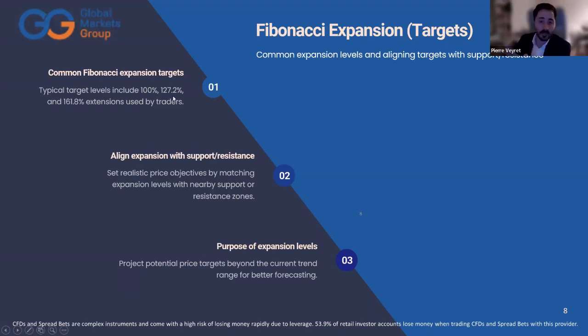Again, it can happen that a Fibonacci level doesn't mix with any already recognized support or resistance level. It doesn't mean that this area is invalid, but it gives you more confidence if it's the case, right? Purpose of expansion levels, I've just said it: potential price targets beyond the current trend range for better forecasting.